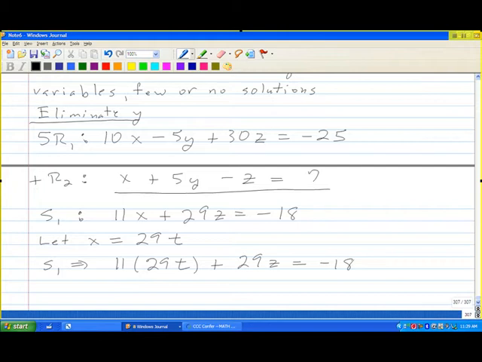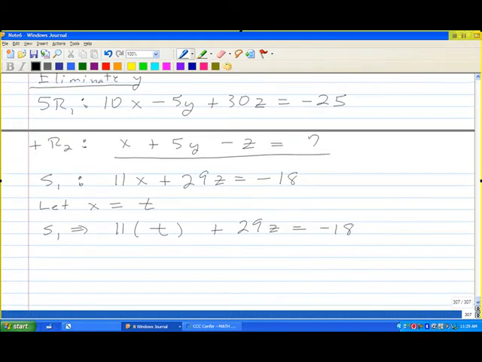So let me just let x equal t. No matter what I do, I'm going to have a fraction somehow. So 11t plus 29z equals negative 18.